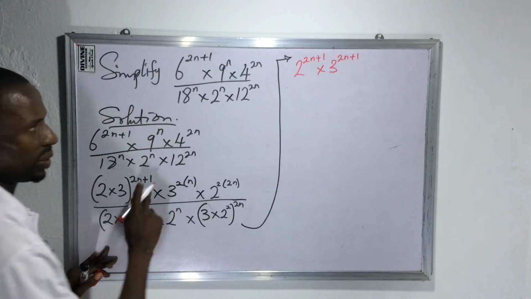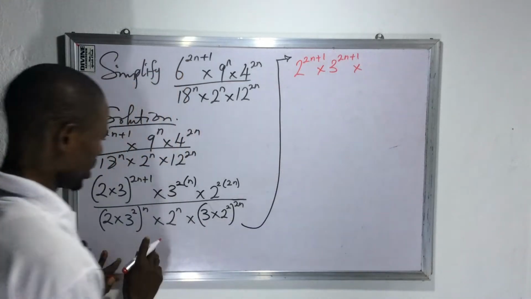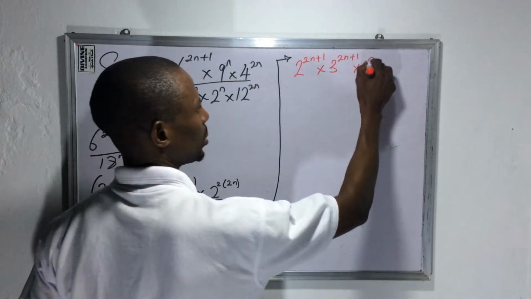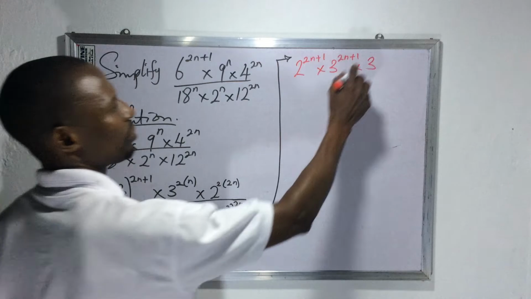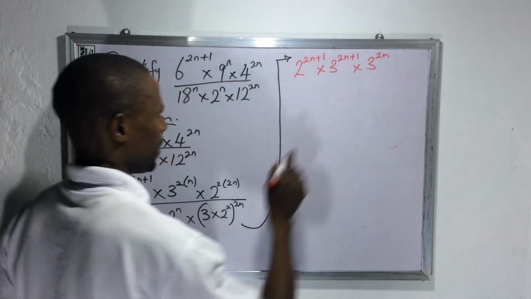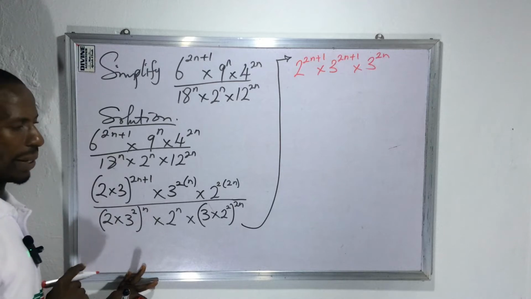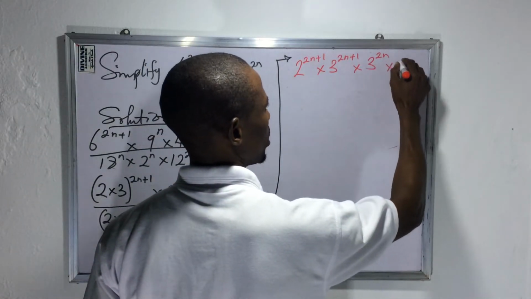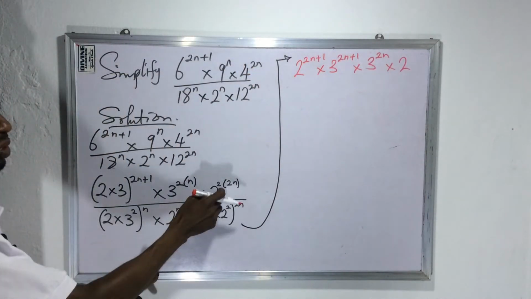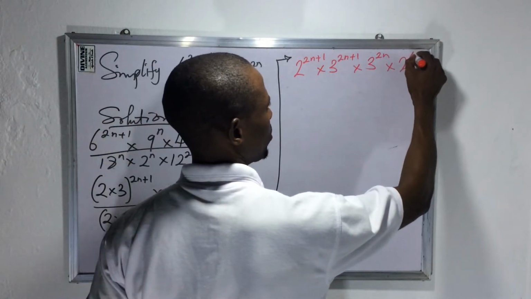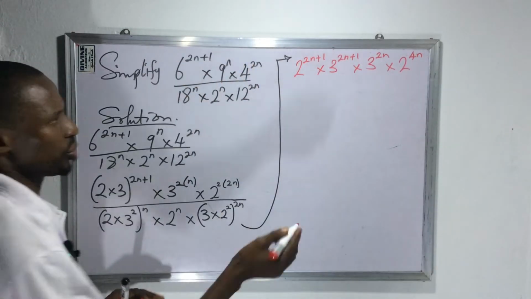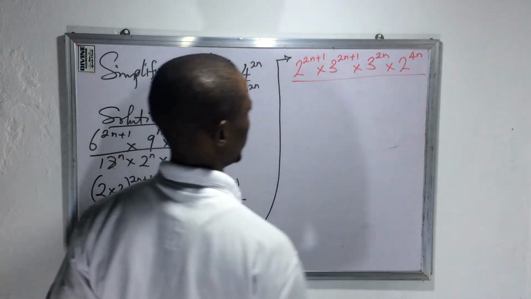Here we have another multiplication sign, so times 3 to the power of 2n, because 2 times n will give you 2n. Then times 2 again to the power of 4n.